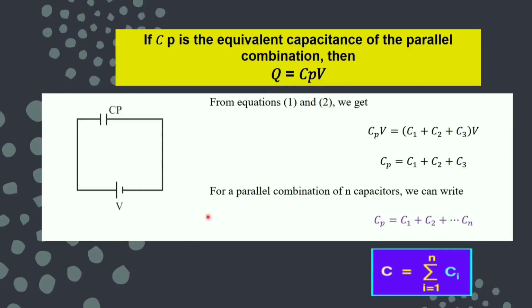For a parallel combination of n capacitors, Cp equals C1 plus C2 plus so on till Cn, or in general Cp equals the summation of Ci, where i varies from 1 to n.